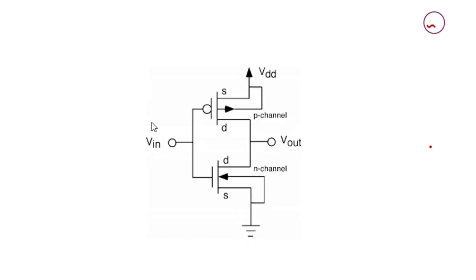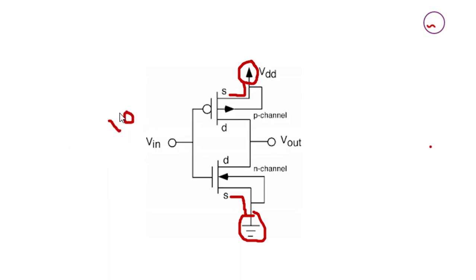The CMOS inverter circuit is shown here, where the source terminal of the PMOS transistor is connected to the DC voltage source, and the source terminal of the NMOS transistor is connected to ground, and input is, let's say, logic 1 or logic 0.